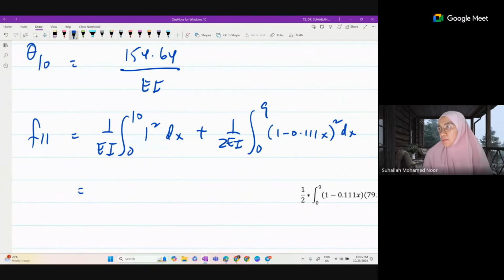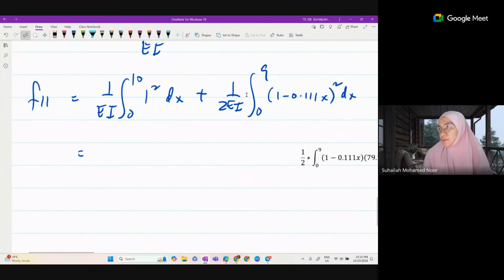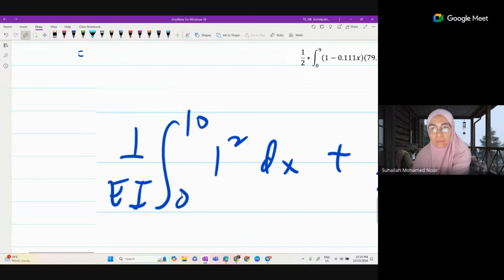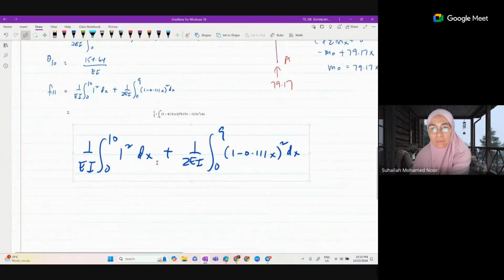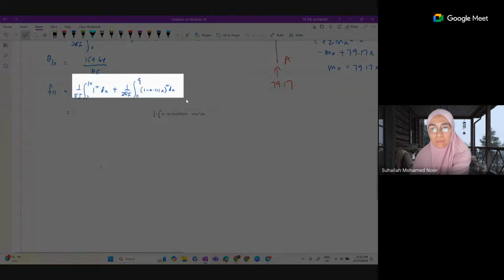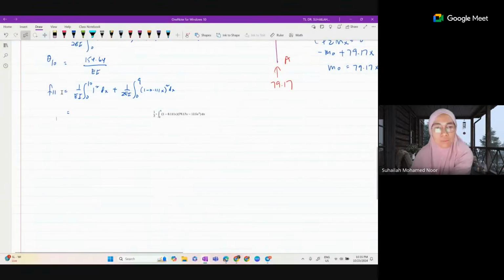What is the answer for F11? What is the answer?